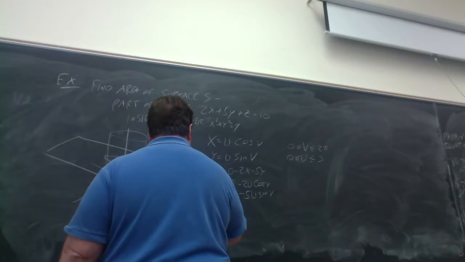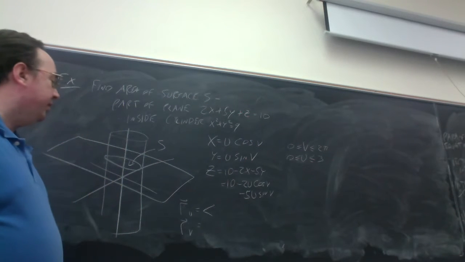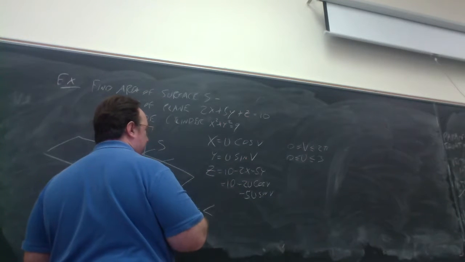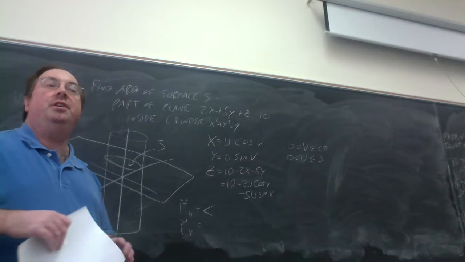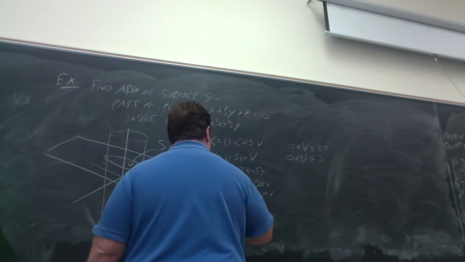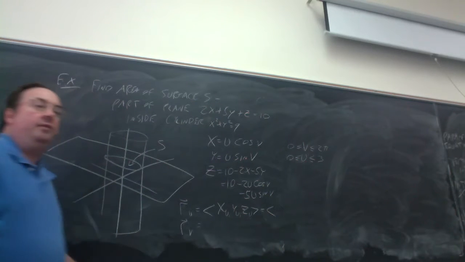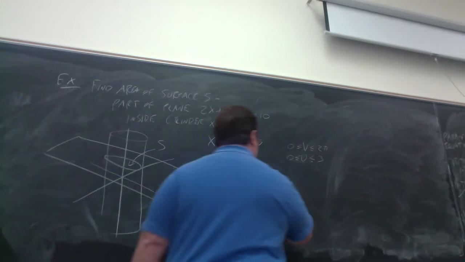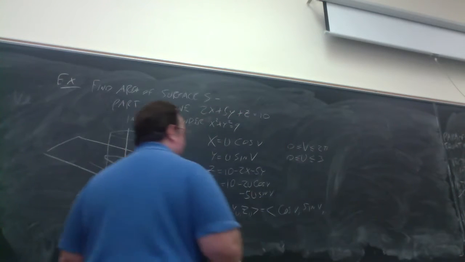Okay, so now we need r_u and r_v. What are the partial derivatives of these three equations with respect to u? So we need x_u, y_u, and z_u.